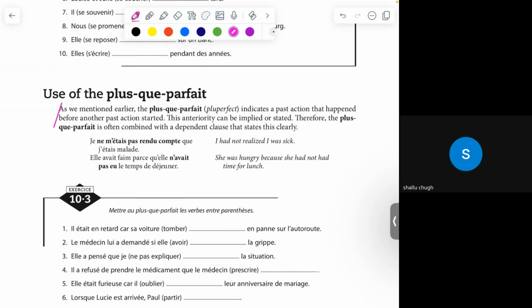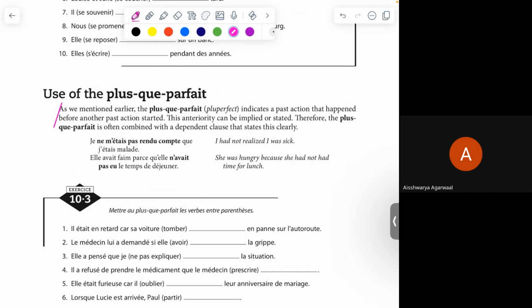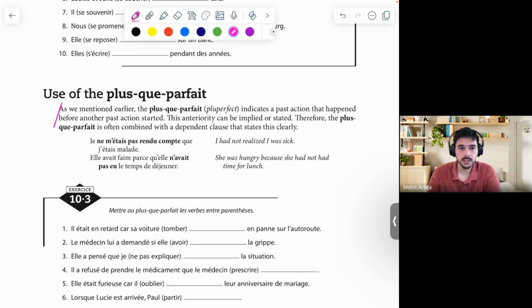Therefore, the plus-que-parfait is often combined with a dependent clause that states this clearly. Aishwarya, can you read the second and third line again? Yes. Can someone explain this to me now, now that we read it twice?